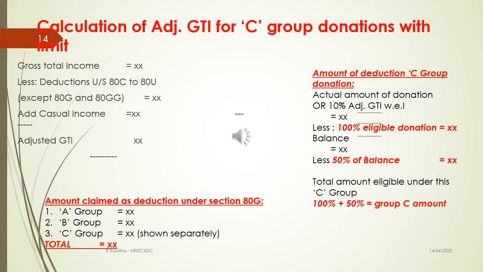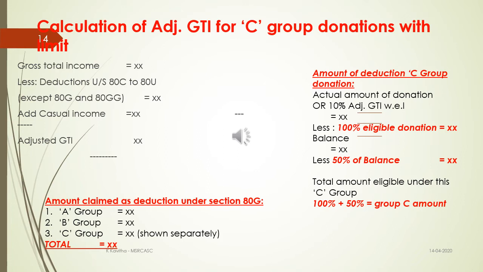From this less amount, first we have to deduct 100% eligible donations, and on the remaining balance, 50% of this balance will be claimed as deduction. So in total, it is put together: 100% eligible donation plus 50% of the balance.